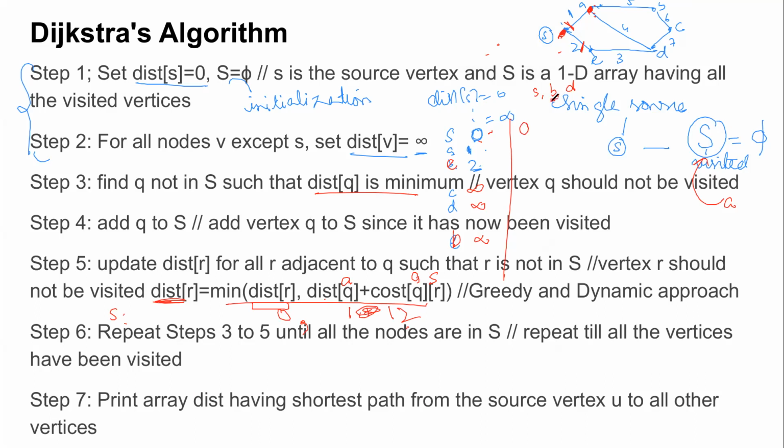Now let's look at B. What is the cost of B? The cost of B is infinity.